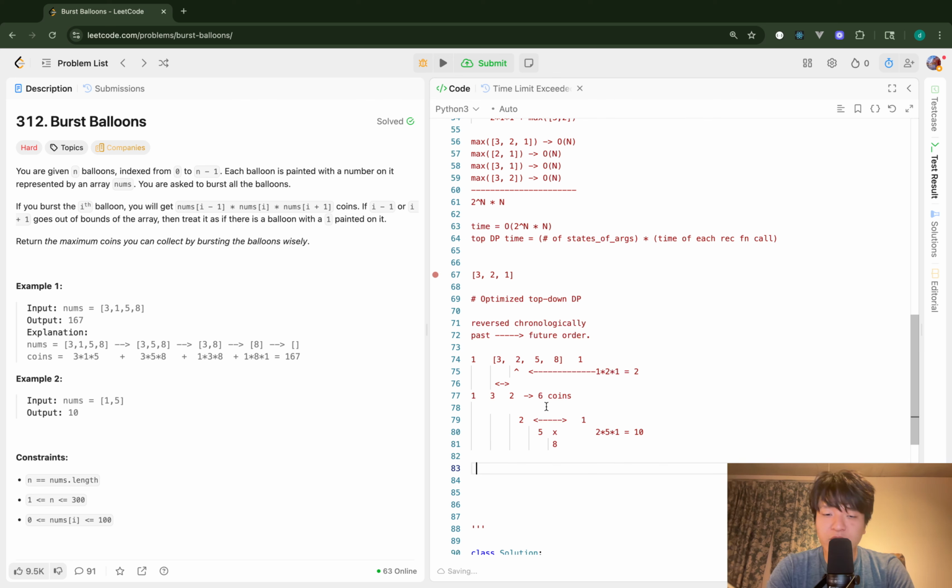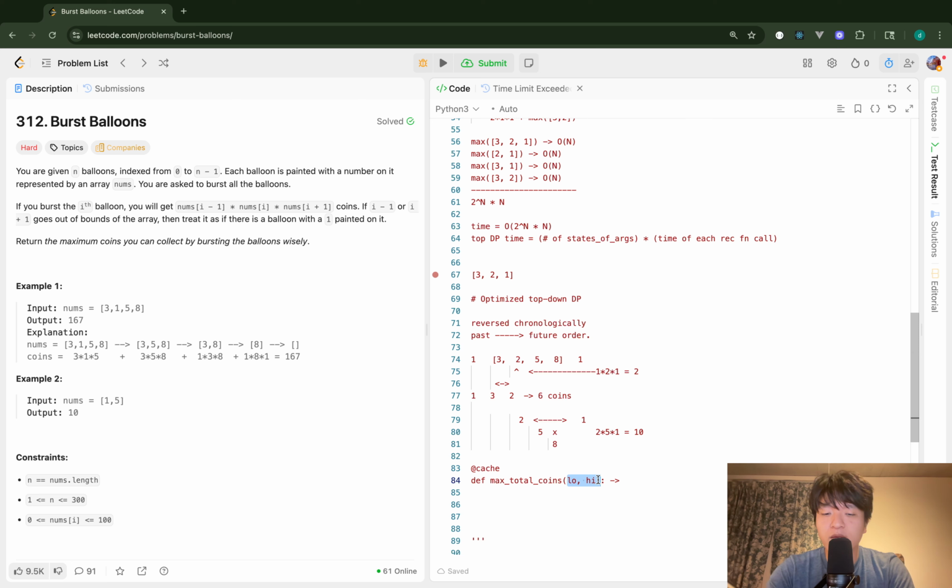it seems like I can use the kind of range DP. So the recursive function interface should look like this. So I will try to get the max total number of coins in the range low to high, I mean, by bursting all the balloons in this range.